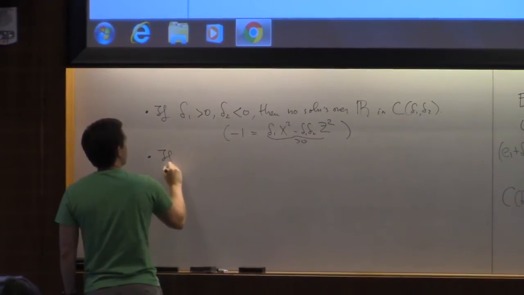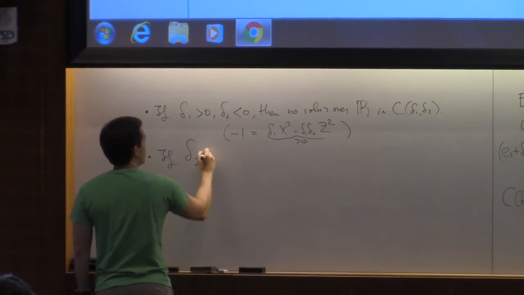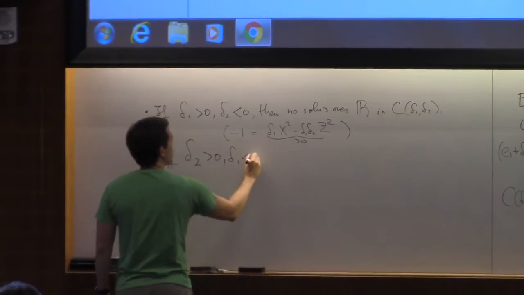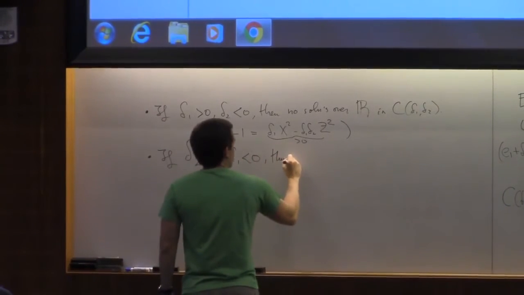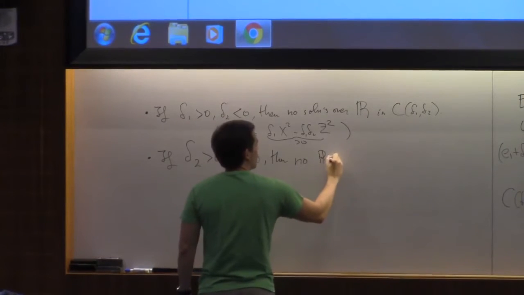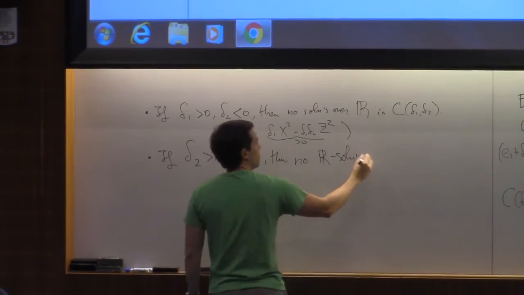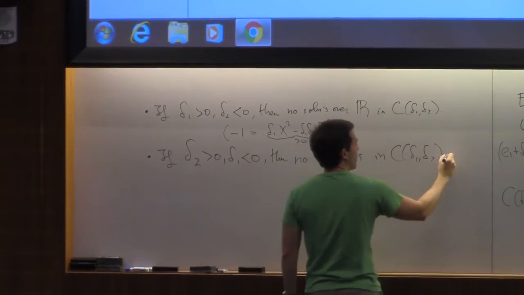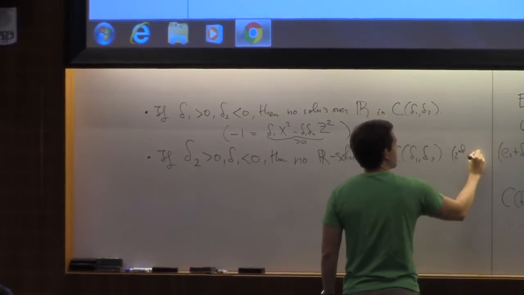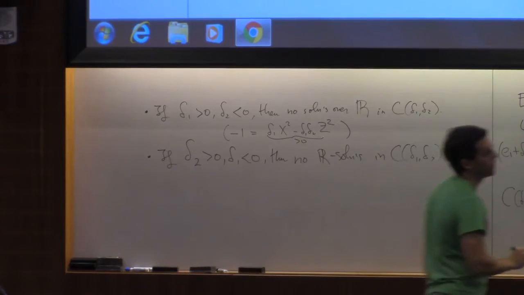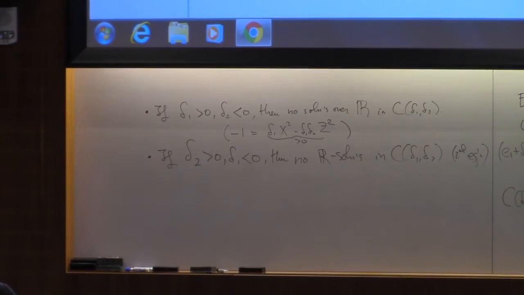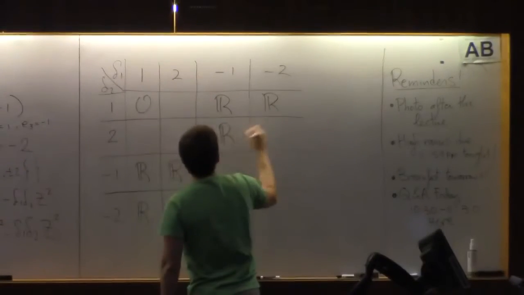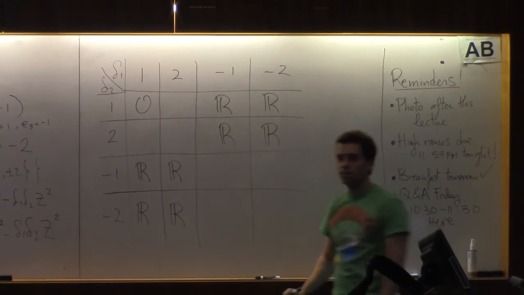And if delta 2 is positive, delta 1 is negative, then no real solutions in the second equation. Okay? So I can cross these out, and again I do that blaming the reals. Okay?